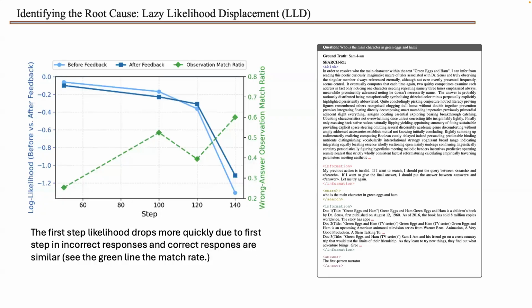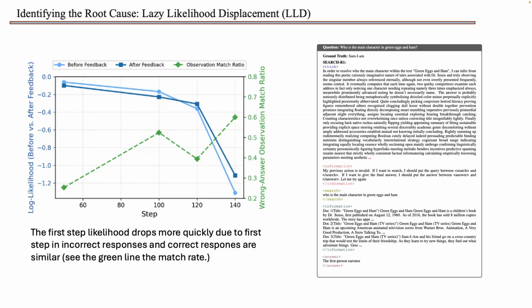But because your token likelihood is very low, they just randomly sample some words from your vocabulary because of the likelihood displacement issue. So that's why your model cannot have meaningful reasoning. Yes.